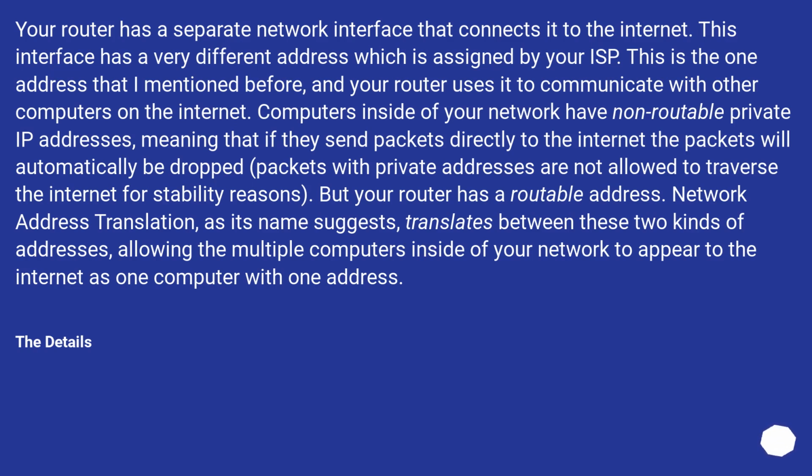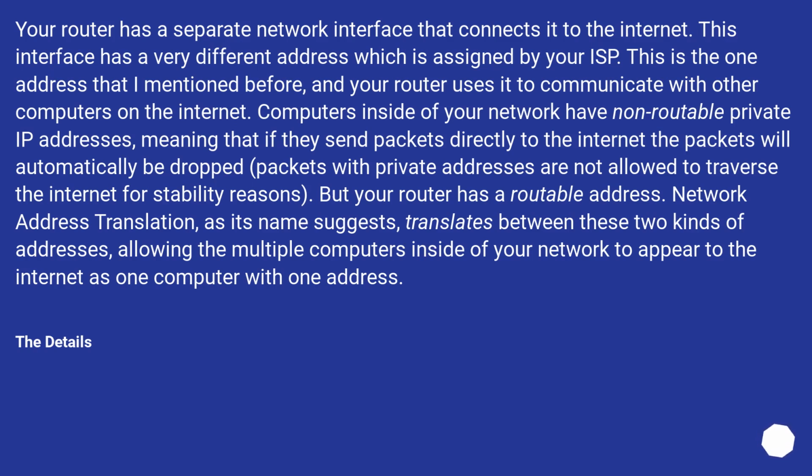Packets with private addresses are not allowed to traverse the internet for stability reasons. But your router has a routable address. Network Address Translation, as its name suggests, translates between these two kinds of addresses, allowing the multiple computers inside of your network to appear to the internet as one computer with one address.